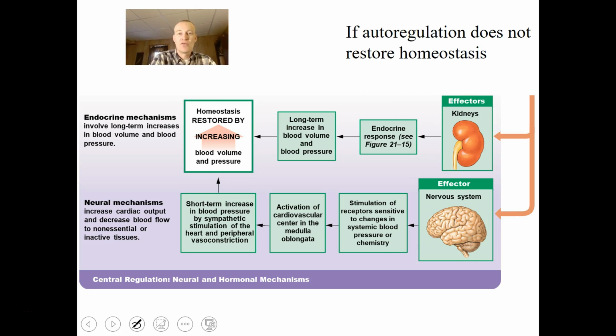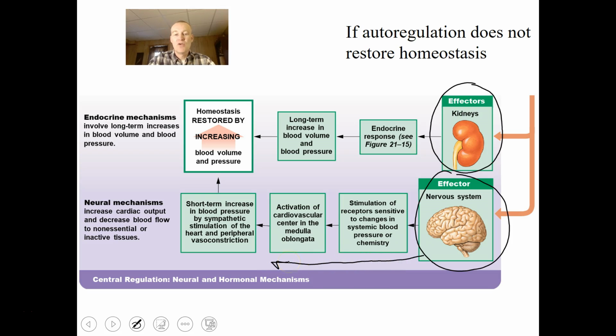So if autoregulation does not restore homeostasis, we're going to pull in the effector organs like the kidneys, and we're going to pull in effector organs like the nervous system. The nervous system can do all kinds of things. It can sense all kinds of changes and then respond. So it can get you to respond because there are cardiovascular centers in the medulla oblongata. And the sympathetic nervous system, all of these things can cause vasoconstriction, increase heart rate, increase stroke volume coming out of the heart.